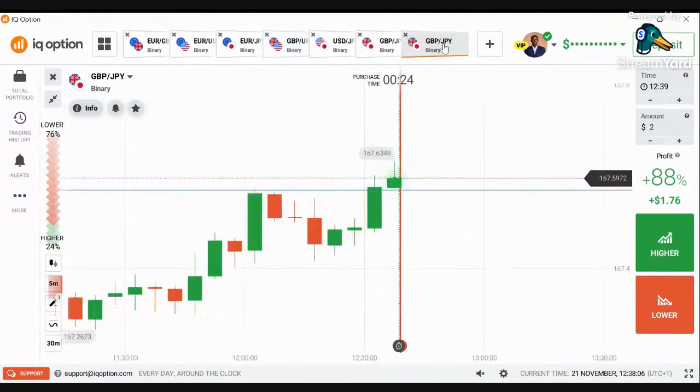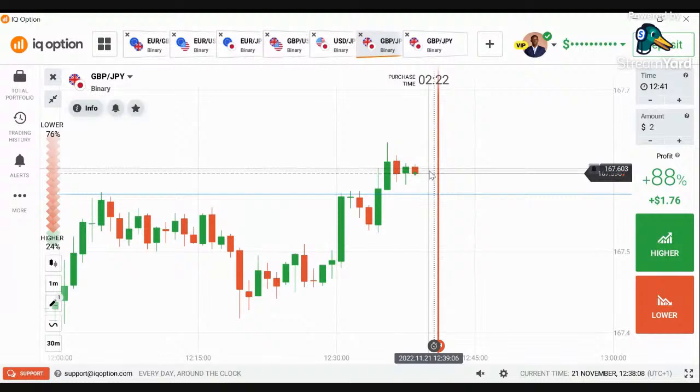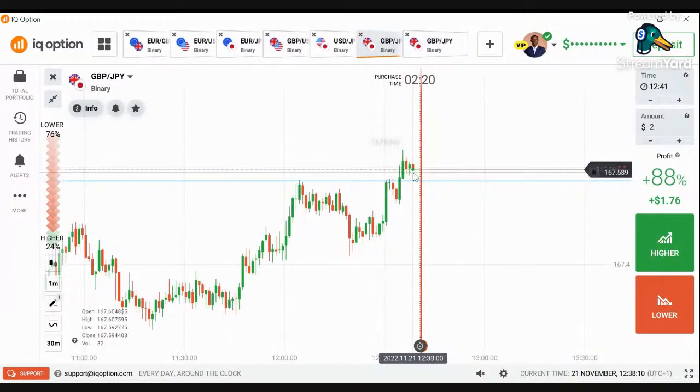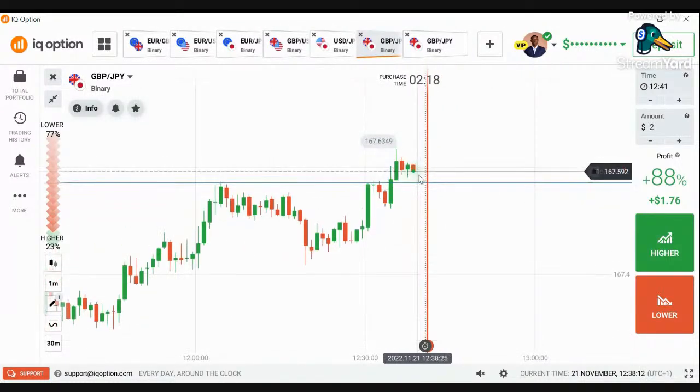Okay, I think it's trying to sell. This one is just consolidating. It's neither going higher nor going lower.